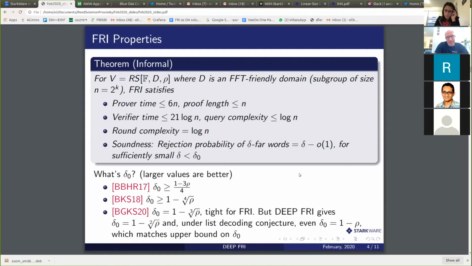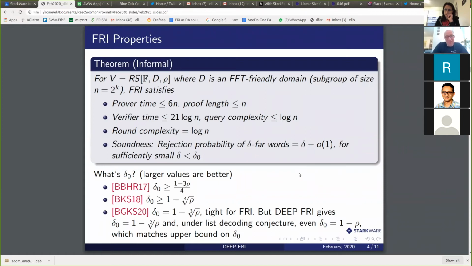And I just want to clarify something. You might notice a contradiction, because if you read the very last bullet, it says delta zero is 1 minus cube root of rho, and we say it is tight for FRI. But this very latest paper says that FRI gives delta zero 1 minus square root of rho. So how does it jive?